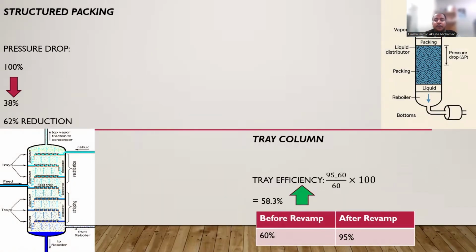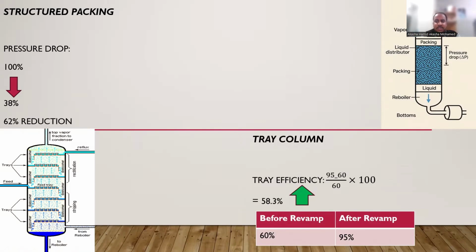I also compared the overall performance of each design using the efficiency equation presented in my report. The tray column achieved an improvement of approximately 58.3% after the revamp. The packed column does not report efficiency in the same way, so I used pressure drop reduction as the performance indicator.